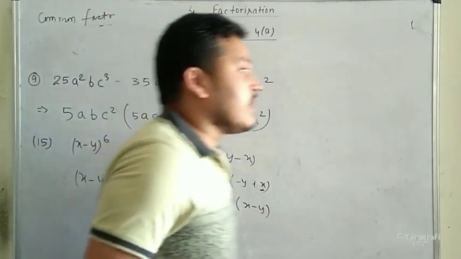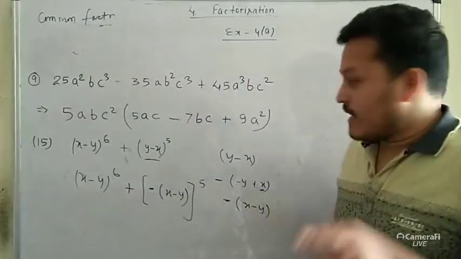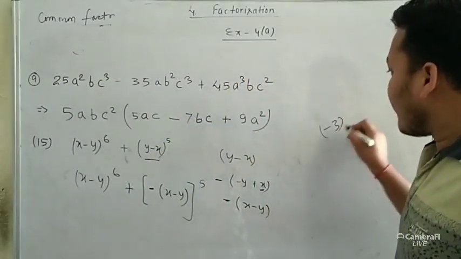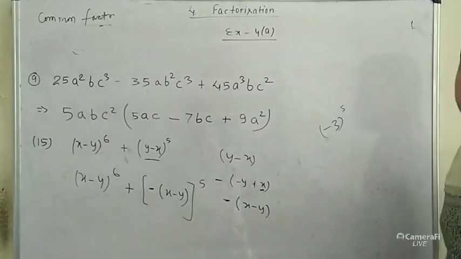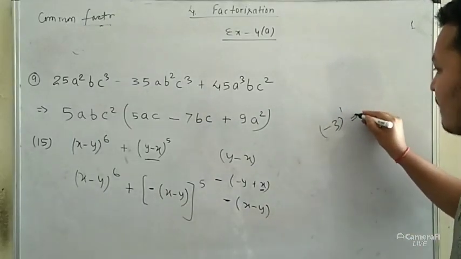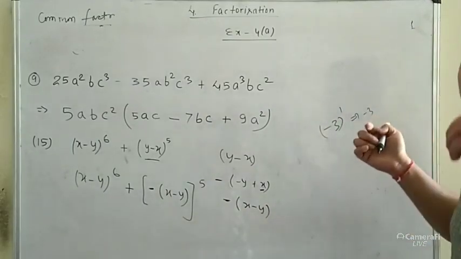As you know, if a negative number is coming and its power is odd, take 1: what will the answer be? Minus 3 multiplied only a single time.